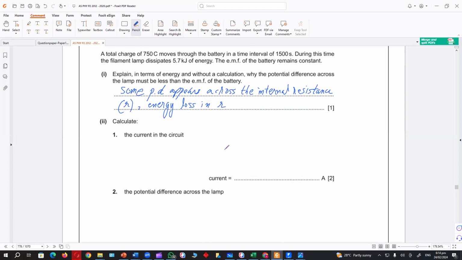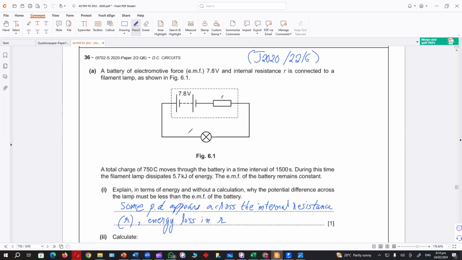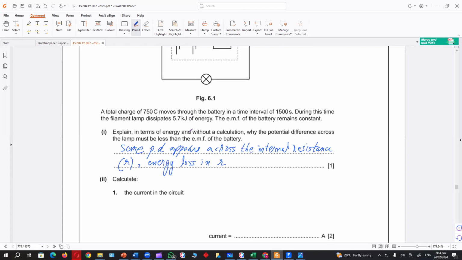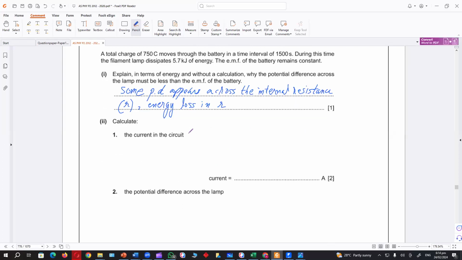How come? 750 is the coulomb and 1500 is the time. So I is equal to Q upon T.